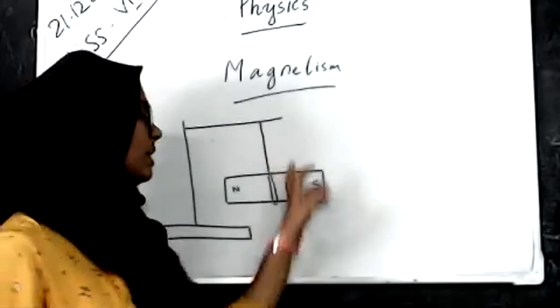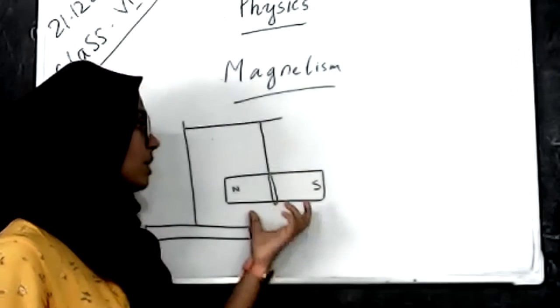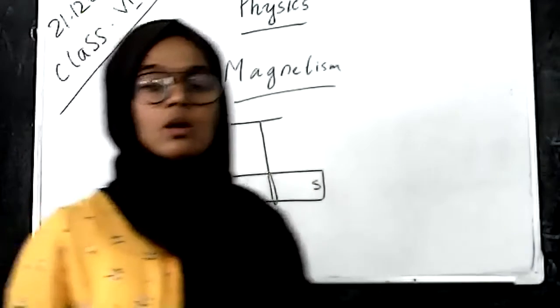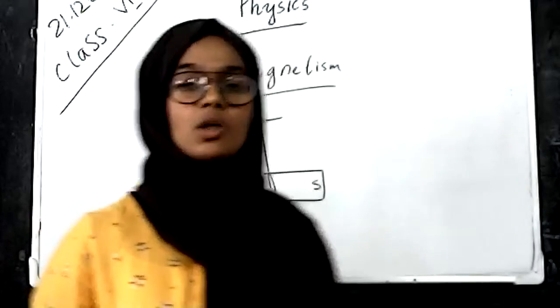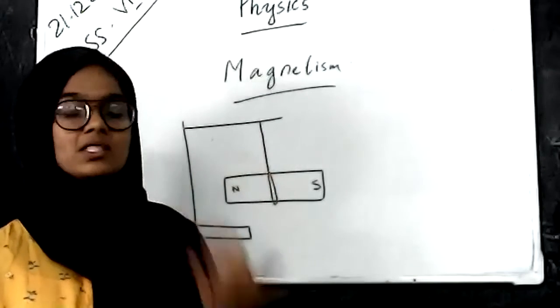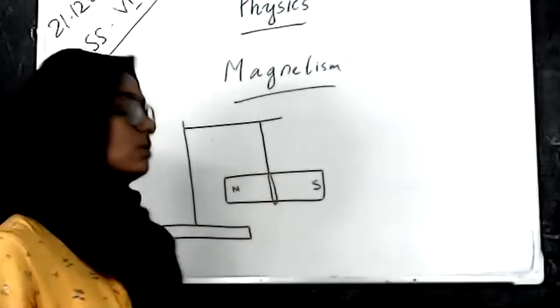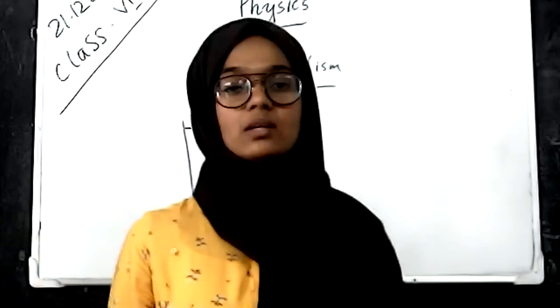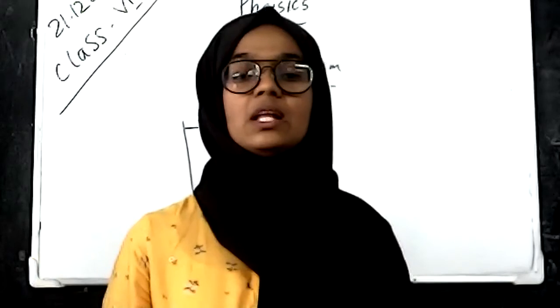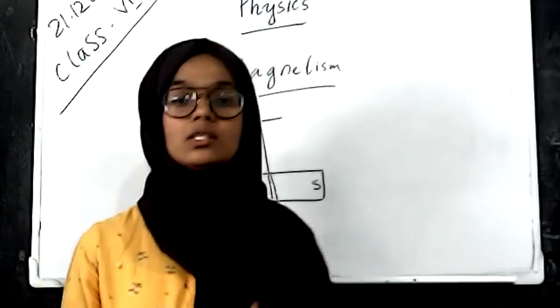A freely hanging magnet shows the north-south direction. The shapes of magnets change, but the north-south direction of the magnet does not change. We have to read this through the slide.